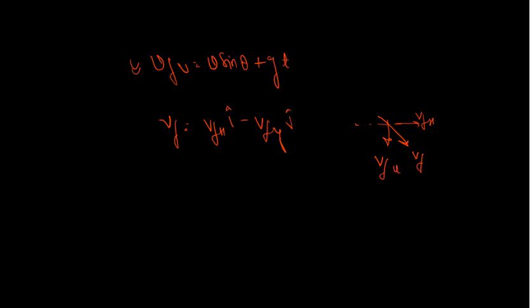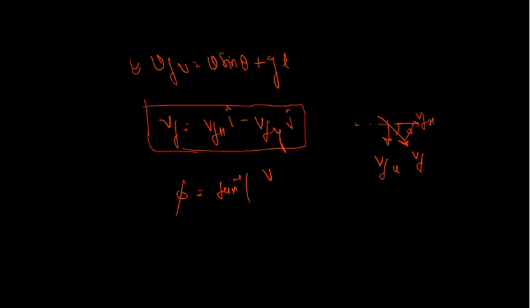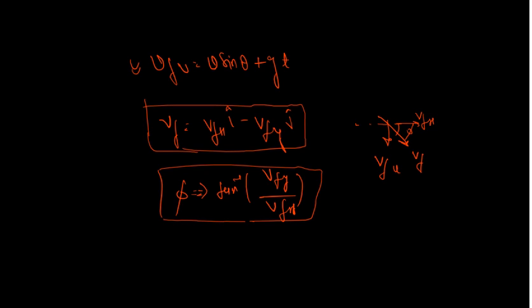Now come to the direction. If it makes an angle of phi degrees with respect to the horizontal, we calculate it the same way: phi is equal to tan inverse of v fy divided by v fh. This is the angle formed with the horizontal axis at the end of the journey. So this will be the case.